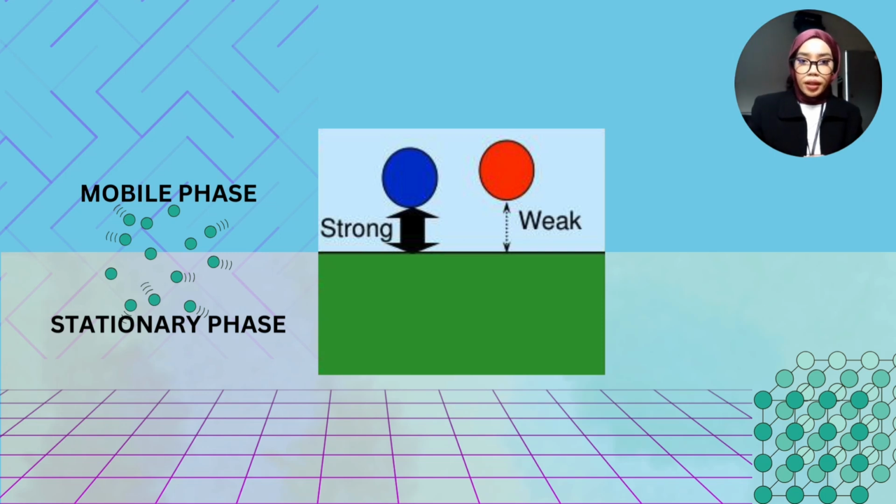The stationary phase is made of silica-based particles packed inside the column. It interacts with the analyte based on factors like polarity, size, and charge. Depending on the type of HPLC, the stationary phase can either be polar, normal phase HPLC, or non-polar, reverse phase HPLC.